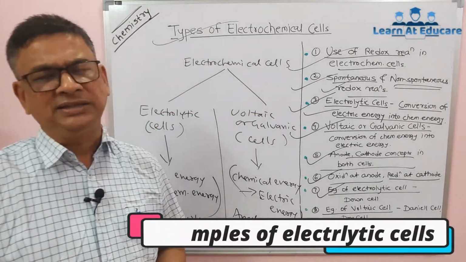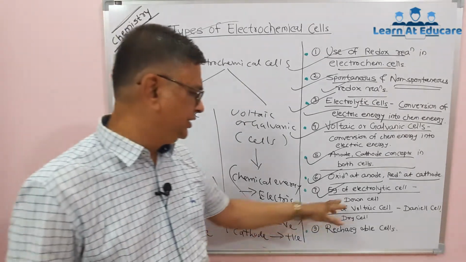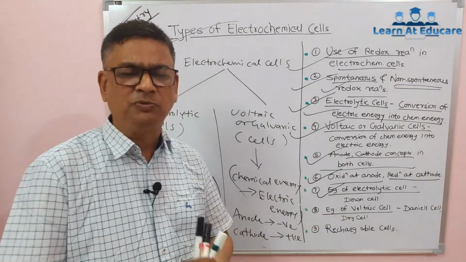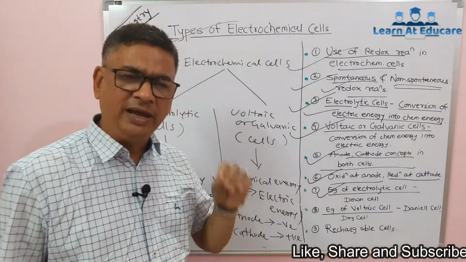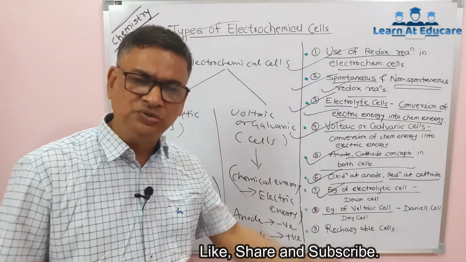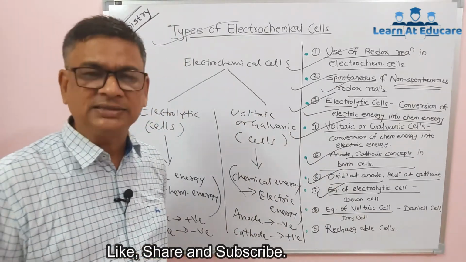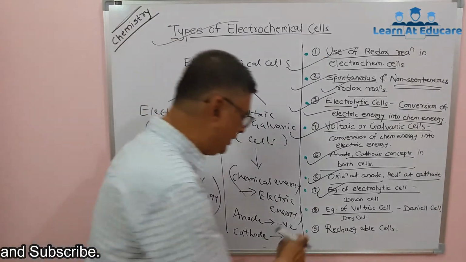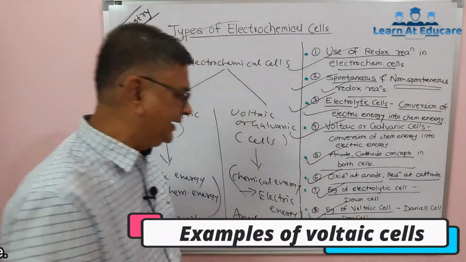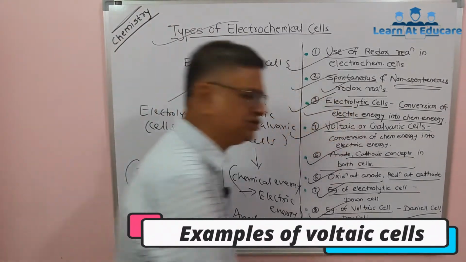For example, the metal sodium, in the Downs process, and one more process called the Castner process. These are electrolytic processes where the apparatus used is called an electrolytic cell, where electrolysis occurs. Then examples of voltaic cell are the Daniell cell or the dry cell.